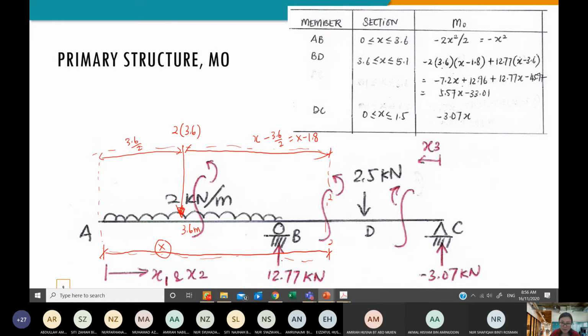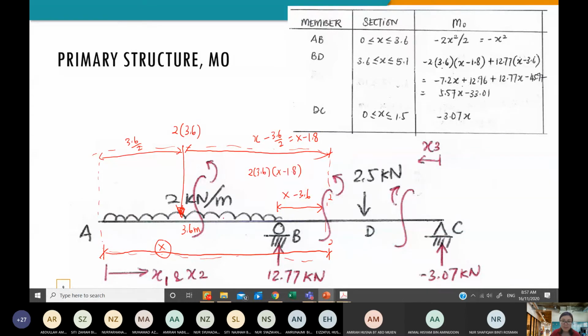I also need the BY distance, which will be x minus 3.6. So I can get my moments right now. My moment will be equal to, dealing with the UDL first, 2 times 3.6, and the distance is x minus 1.8.